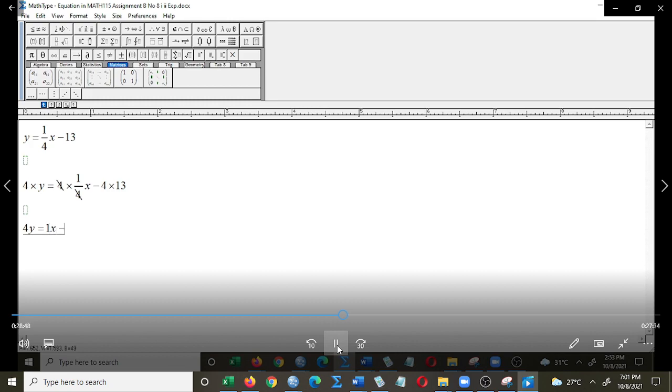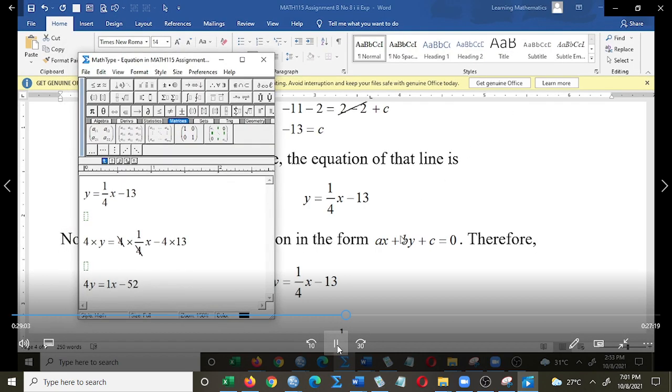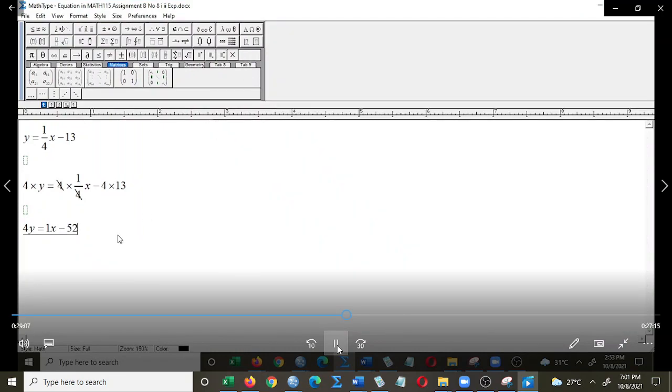And minus 4 times 13, negative 52. Now remember, it's 0 alone that has to be on the right side, so we have to cancel out everything on the right and bring it to the left. How do we cancel out a minus 52? Plus 52. And how do we cancel out a 1x? Minus 1x.